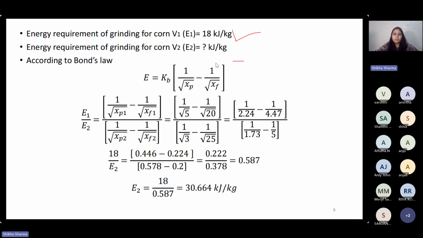Following Bond's law, E equals Bond's constant multiplied by 1 upon under root xp minus 1 upon under root xf. So xp is basically the final size of the particle and xf is the initial one.